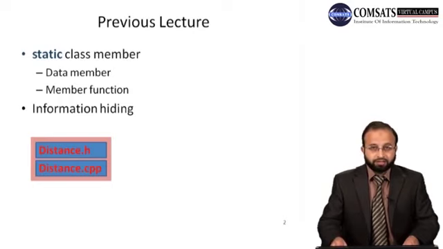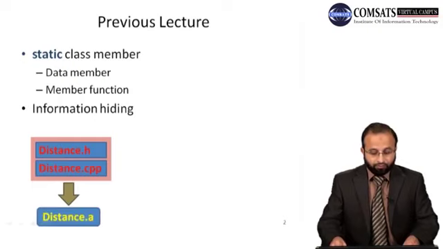And distance.cpp contains the definition of the member functions of the distance class. With this library we compile it and make a static library, and we get distance.a.